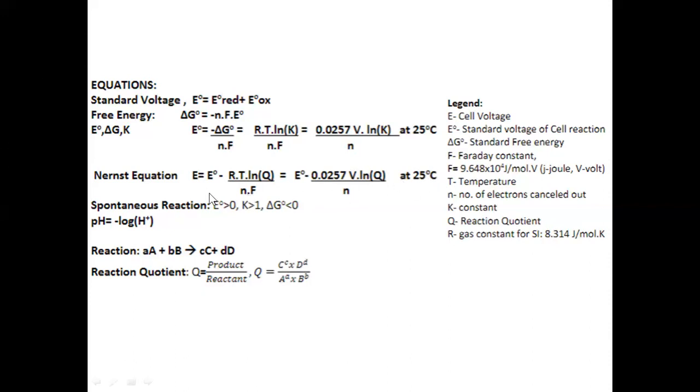Now at 25 degrees, our cell voltage is equal to E naught minus 0.0257 volts times the natural logarithm of Q all over N.